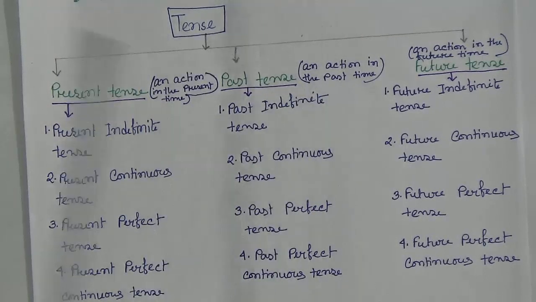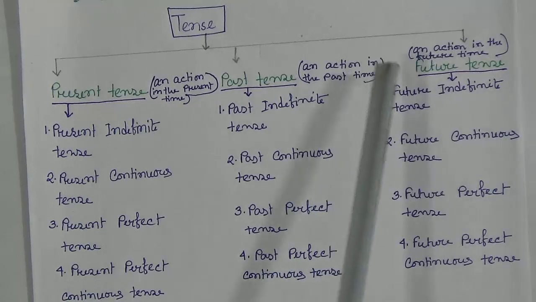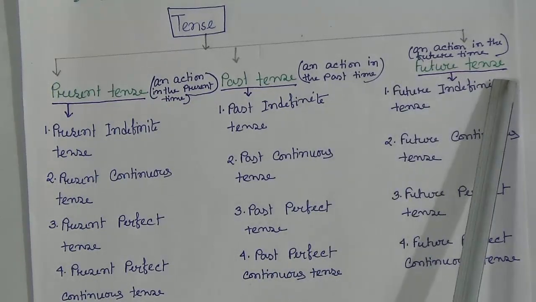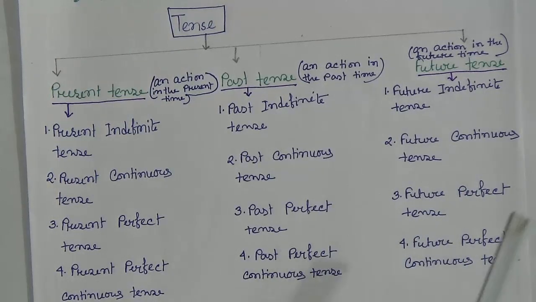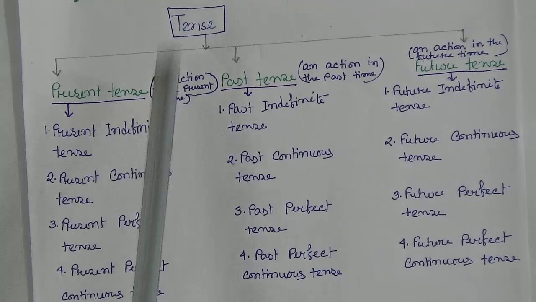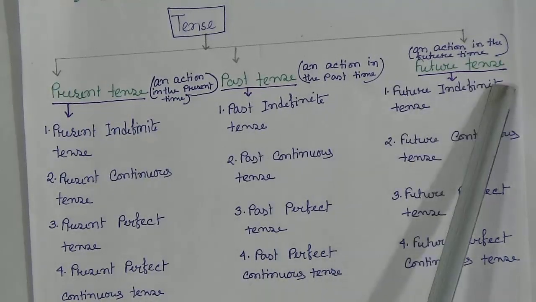That means that's already finished, that's already done. And in the future tense we find an action that will happen in the future time. So these are the three types of tense: present tense, past tense, and future tense.